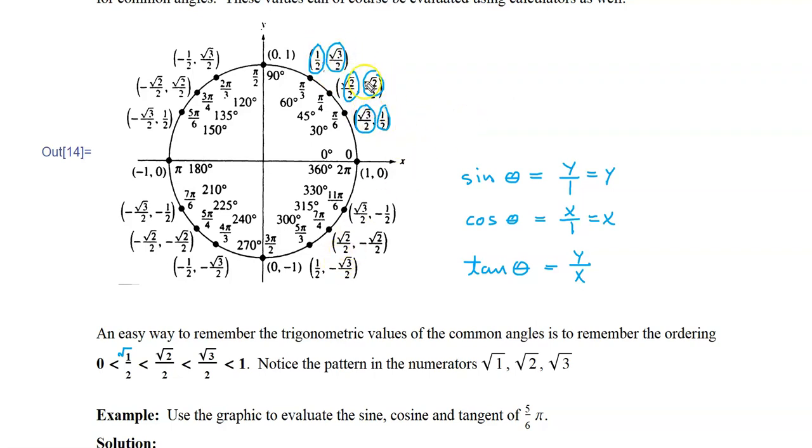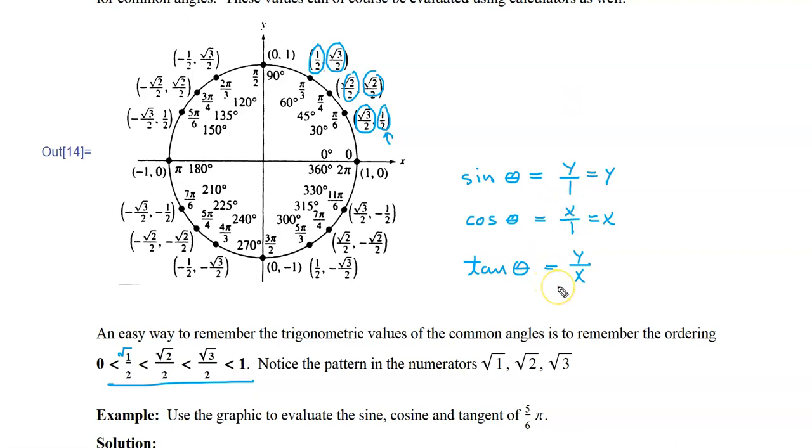So it's easy to remember these numbers if you remember this pattern down here. And remember that as you go from 0 to pi over 2, the pattern begins with the y coordinate. The 1/2 starts in the y coordinate: 1/2, root 2 over 2, root 3 over 2. And then the x coordinates are their corresponding partners. You can think of it like that.